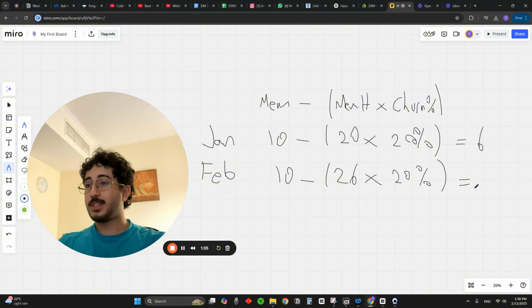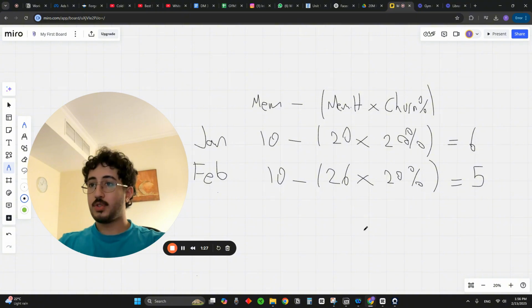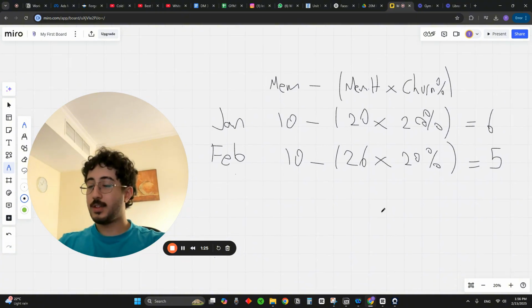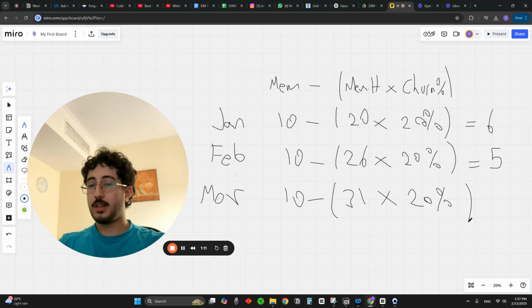Instead of acquiring 6 members, if I round it up, it's going to be 5. So you acquired 5 instead of 6. You see? So you do the same for March. I have to do the math again, just one more time to demonstrate. As you can see, you have 31 members in total.